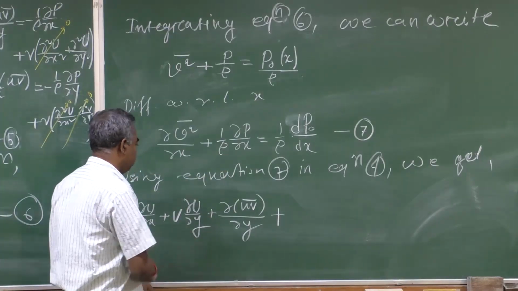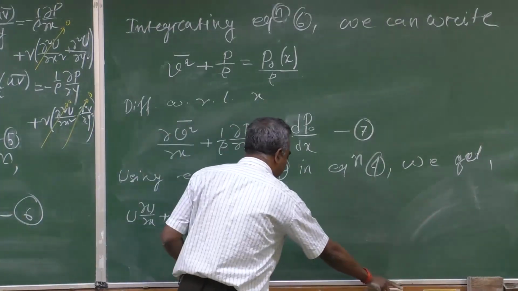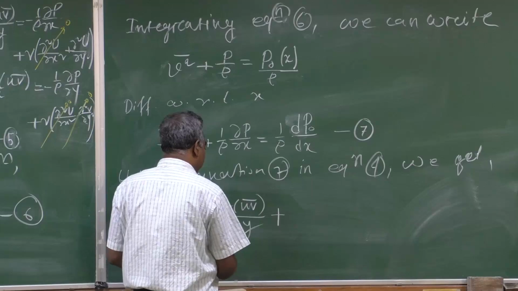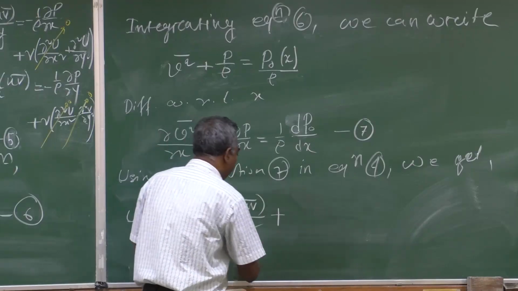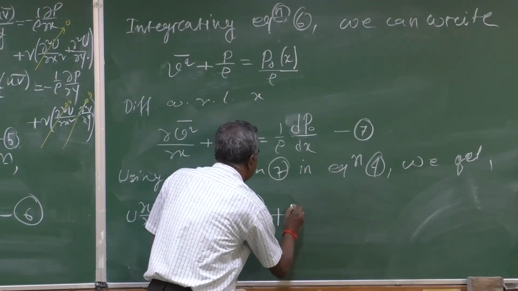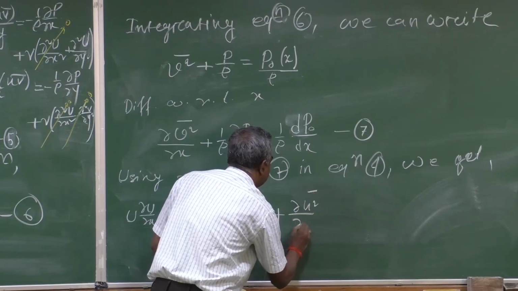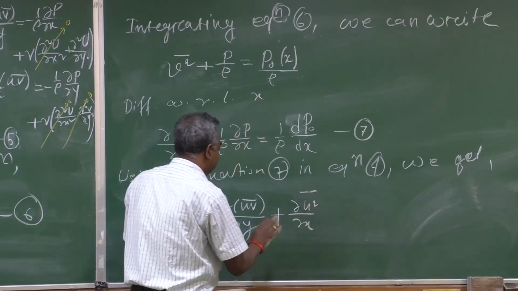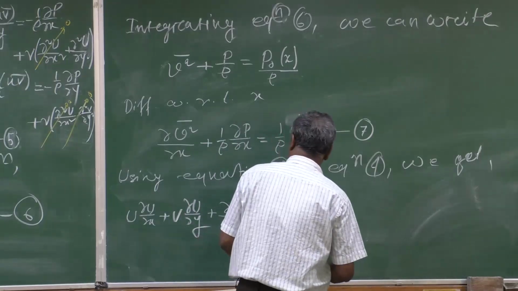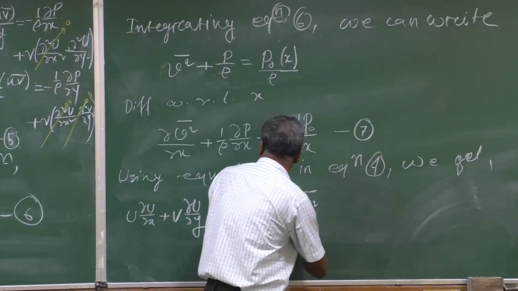Actually, instead of neglecting the streamwise derivative of the turbulent intensity, let us neglect it a little later. So, let us keep it here for the time being. So, that was u square bar del x. Let us keep this streamwise gradient which we have neglected there a little later.